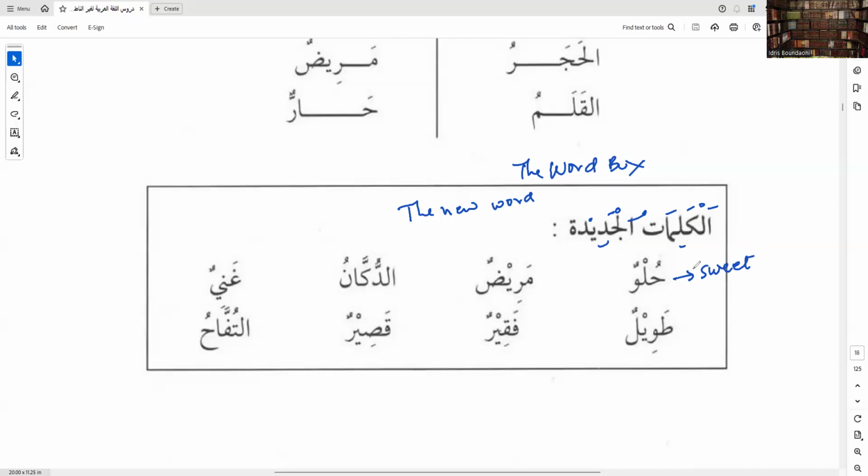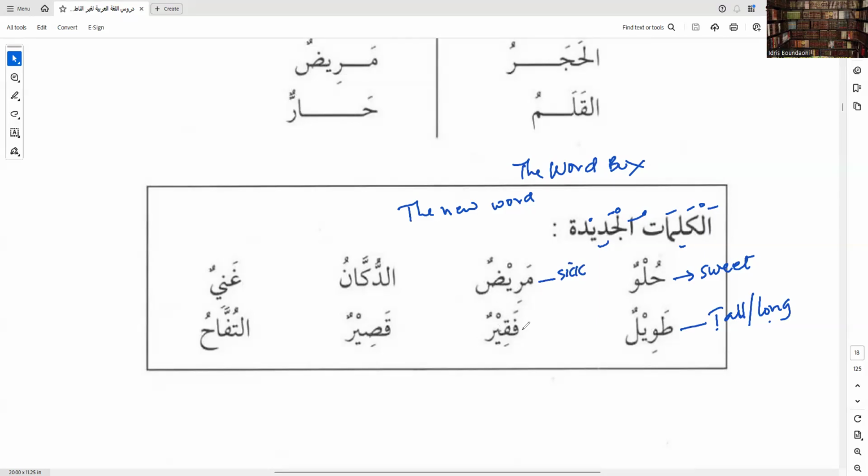Tawilun, tall. Now, the word tawilun can also be used for long. There's a difference between tall and long. Maridun, we've already discussed it. It can be the sick or a person who is sick.